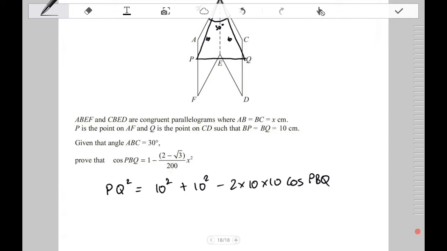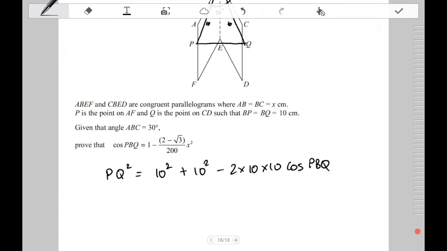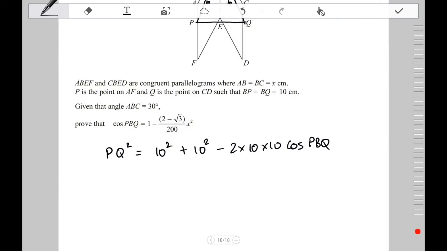Okay, so it looks like we're getting closer to the answer. Okay, let's make cos PBQ the subject. So first let's simplify. Equals 10 squared plus 10 squared, that's 200, minus 200 cos PBQ.